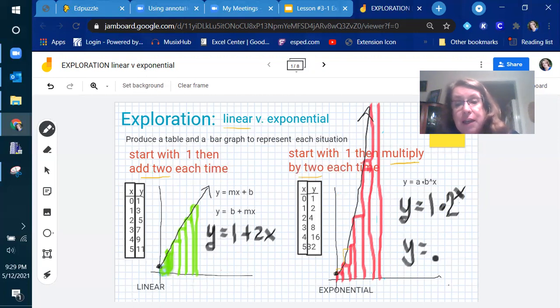So it can be invisible. A lot of times, if the starting amount is 1, it will be invisible. So this formula, 1 times 2 to the x, would actually be written y equals 2 to the x. But for exponentials, there's always a starting amount. If you don't see 2 numbers, then the A is 1, pretty much.